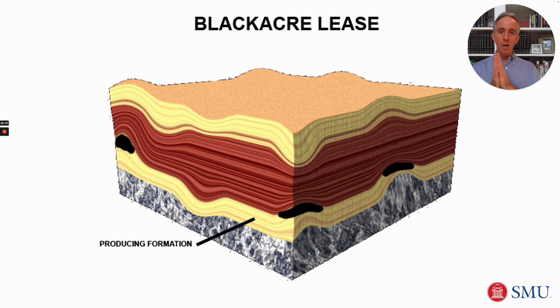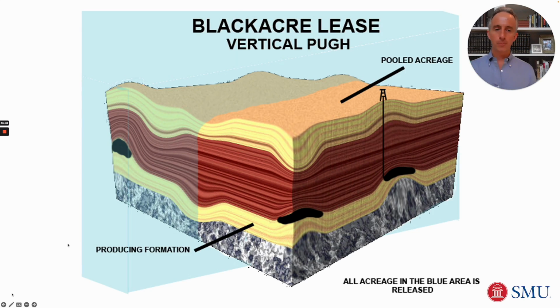Or you can have it horizontally slice the land as well and say, sure, you can keep the shallow surface, the shallow deposits of oil that you're producing, but you don't get to keep the deeper amounts that you didn't produce. Okay, so the simple version of a Pugh clause or retained acreage clause is a vertical clause.